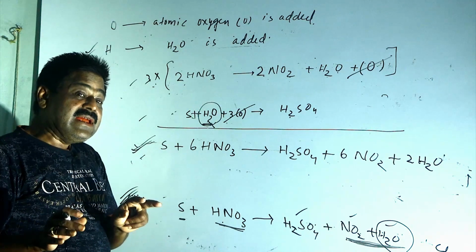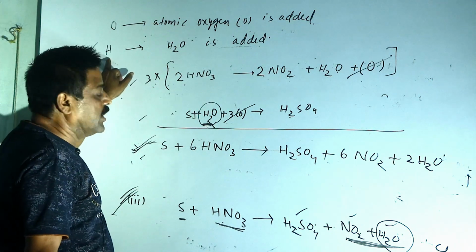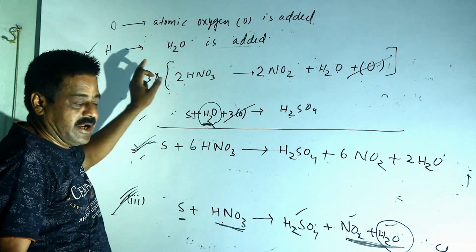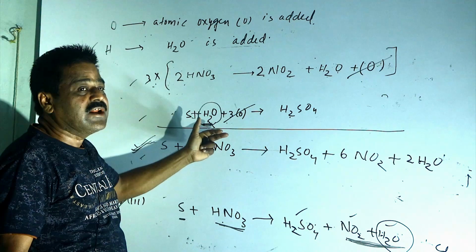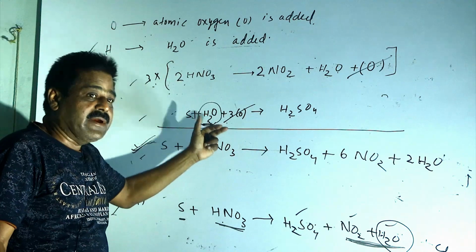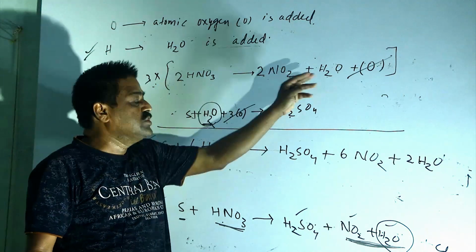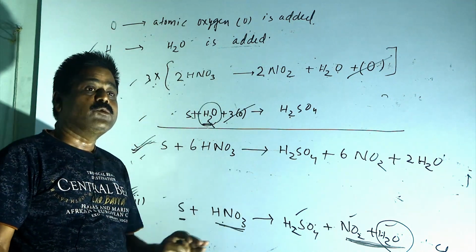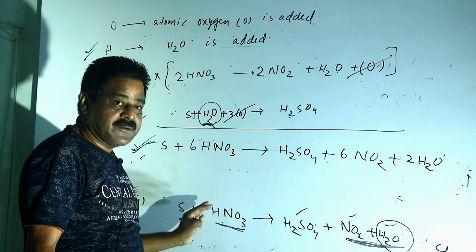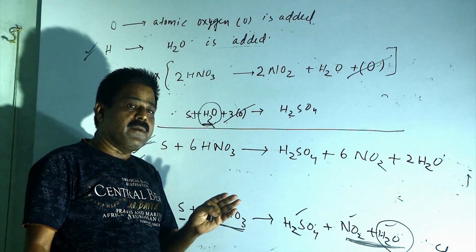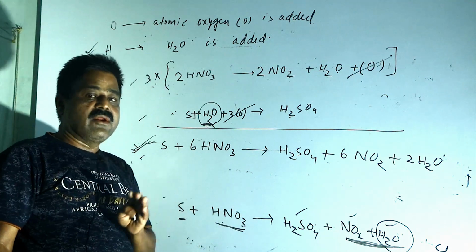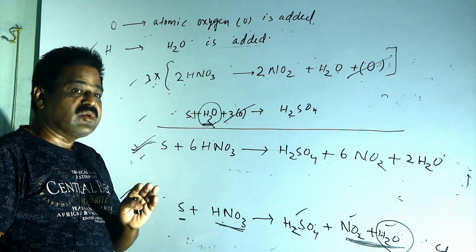If there is any inequality of hydrogen atoms, then water is to be added. Then both the equations are added in such a manner that the atomic oxygen is cancelled out to get the correct balanced equation. This is about the balancing of a chemical equation by the partial equation method.